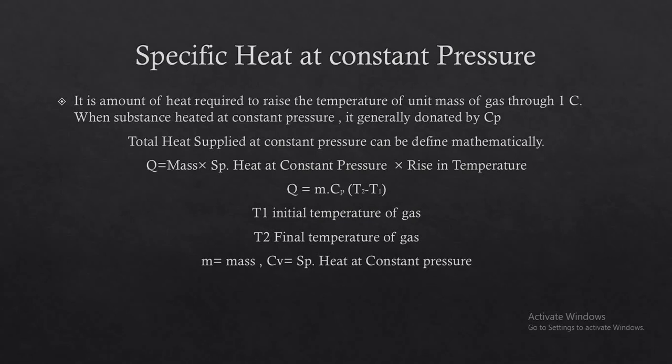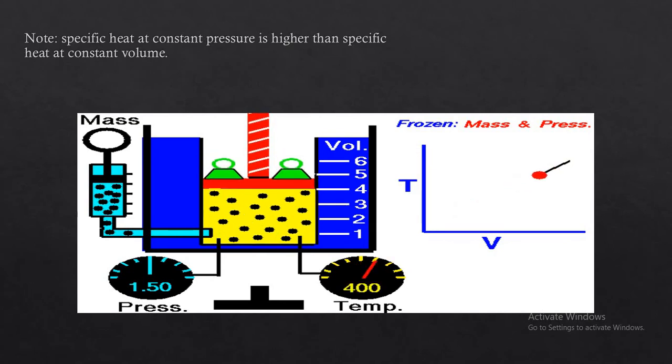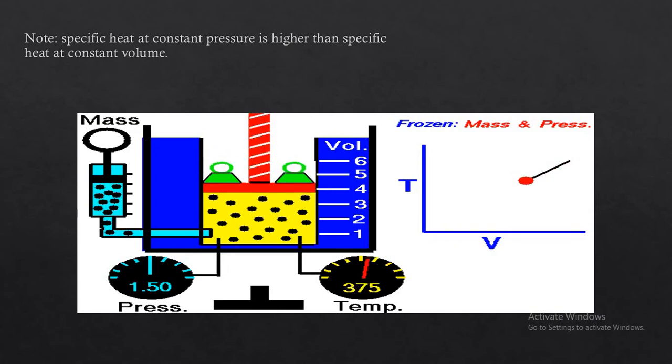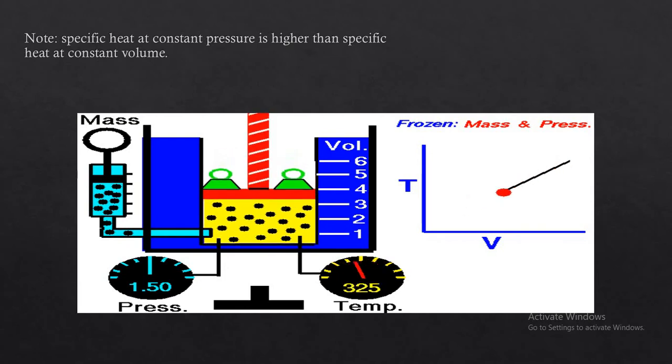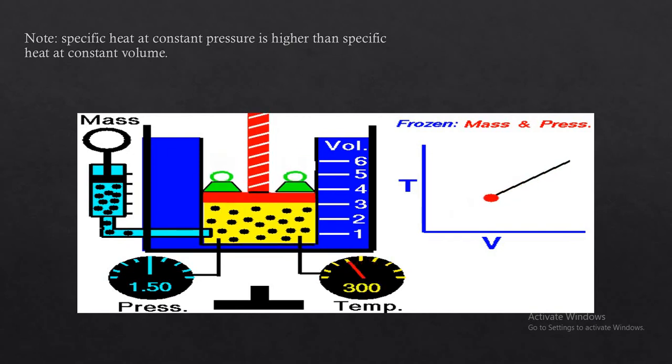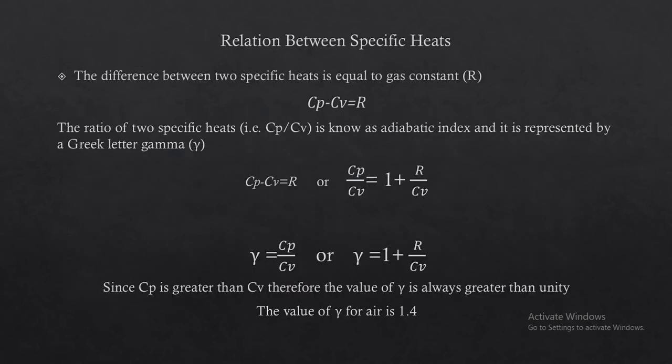T1 is the initial temperature of the gas, T2 is the final temperature of the gas, Cp is the specific heat at constant pressure, and m is the mass. In this figure, we can see a closed system where pressure is constant. Once heat is supplied to the system, the volume of the system will change, as we can see in the PV diagram, but the pressure remains constant.